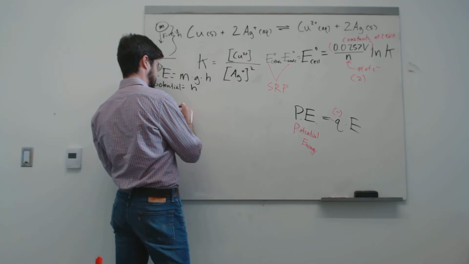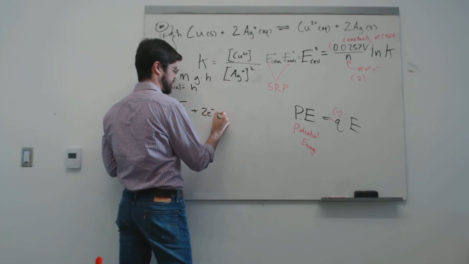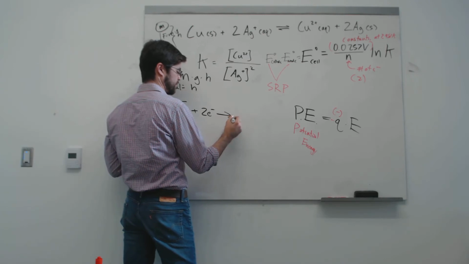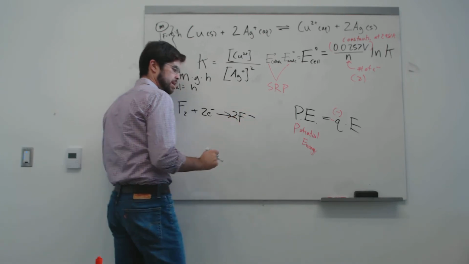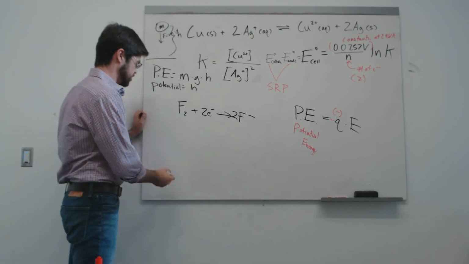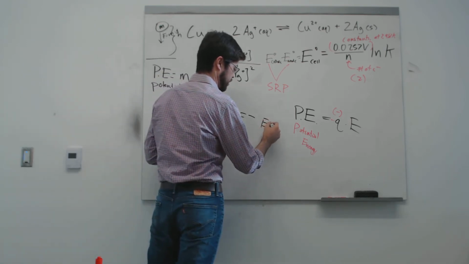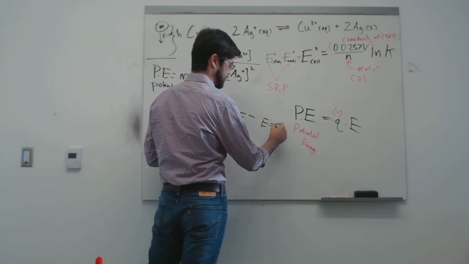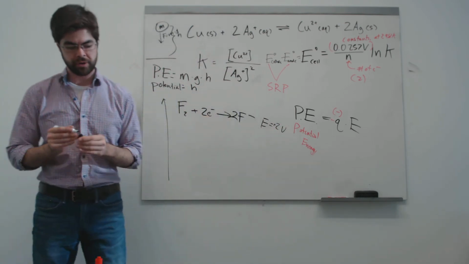Fluorine tends to gain 2 electrons and form the fluoride ion. That is a very favorable interaction, and it's all the way at the top. I don't have the value memorized, but it's at least 2 volts. That is very, very positive.